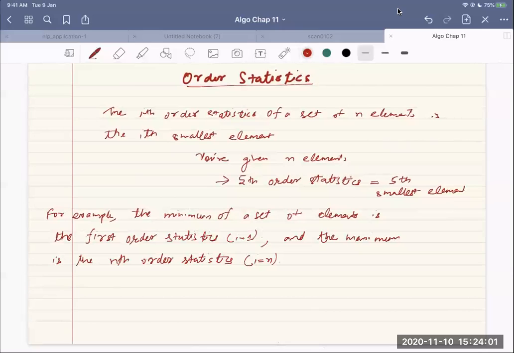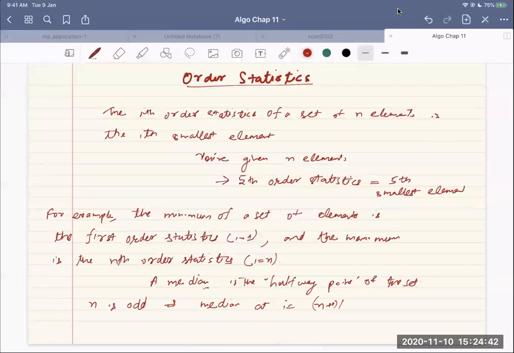And again, something that is very popular is the median. The median is the halfway point of the set. So how do you compute the median? If n is odd, then you have the median at (n+1)/2, right?